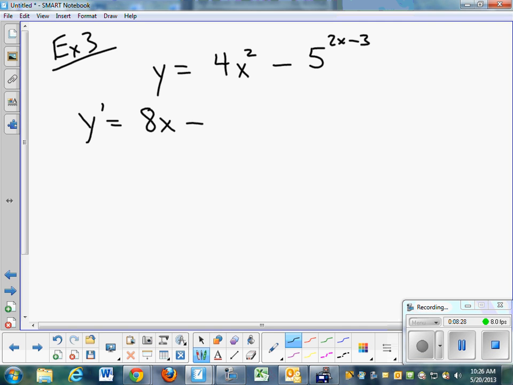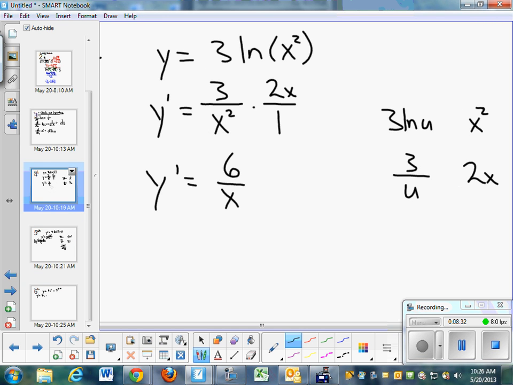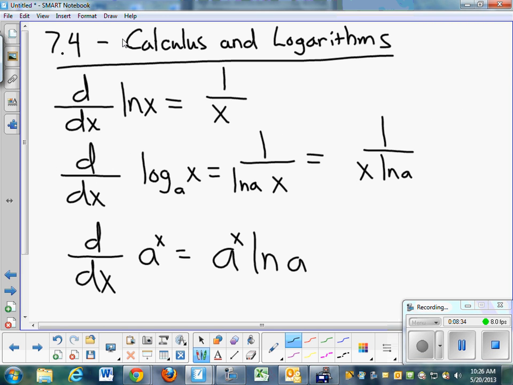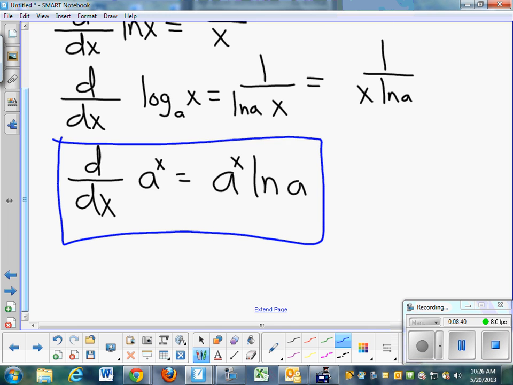Right, exactly. So what Kyle sees is that I'm going to have to back up and use this derivative right here. He sees that I have an exponential function, and the derivative of an exponential function is going to be that function times the natural logarithm of a. So let's set it up using the chain rule and find that derivative.